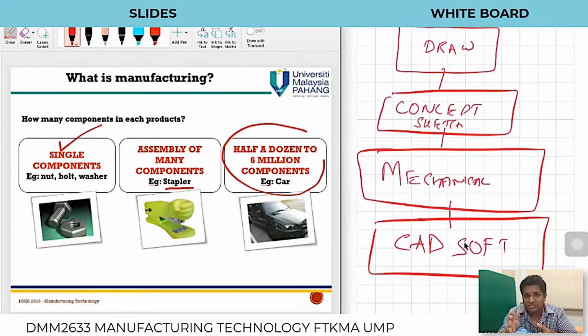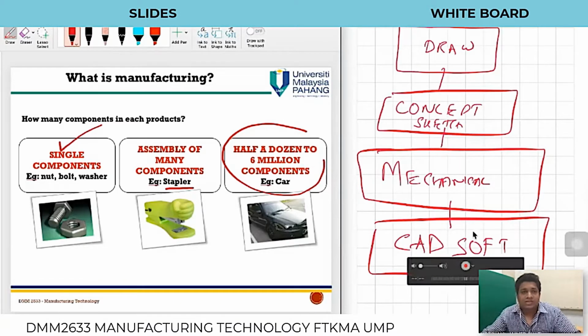This is your objective, your goal for learning this subject. If I want a 90-degree bent sheet, which process am I going to use? If I want to cut this sheet, which process? If I want to join this part with this sheet, which process do I need to use? So the selection of process is very important for you to learn.